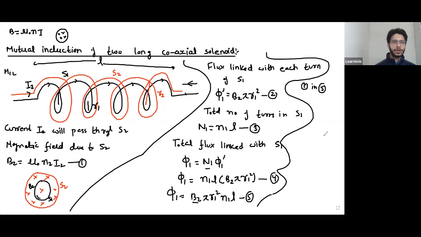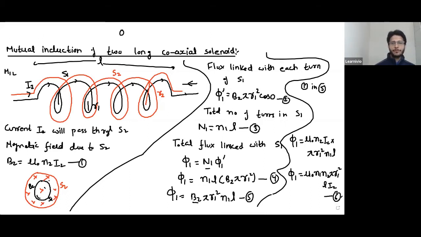So if I substitute 1 in 5, then I will get phi 1 as B2, which is mu naught N2 I2, multiplied by pi R1 square N1L. So phi 1 comes out to be mu naught N1 N2 pi R1 square L I2. That's equation number 6. This is the total flux which is linked with the solenoid S1.